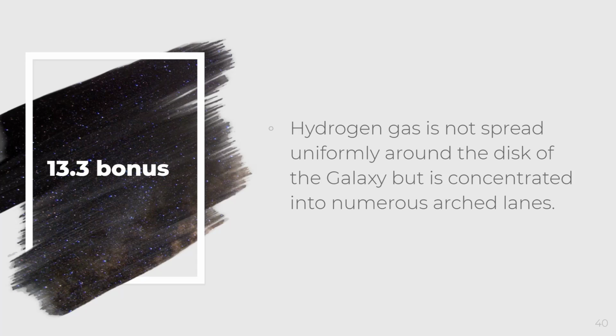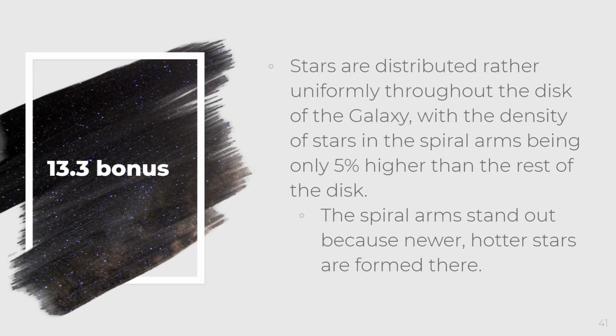This brings us to this point. Hydrogen gas is not spread uniformly around the disk of the galaxy, but it's concentrated into arched lanes. On the other hand, stars are distributed pretty evenly throughout the galaxy. Where the hydrogen clouds are, there is about 5% more stars there.